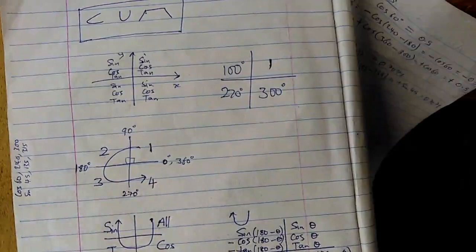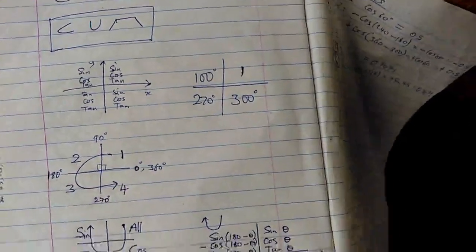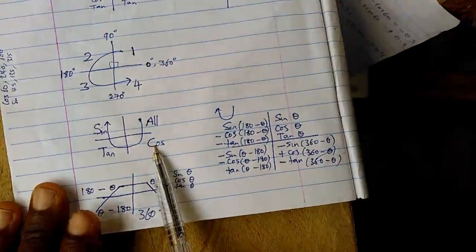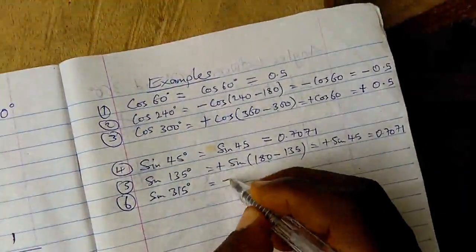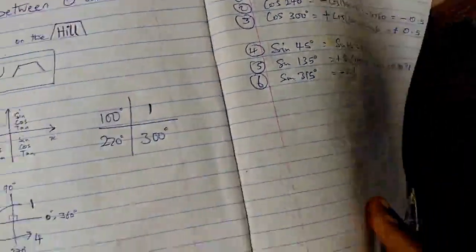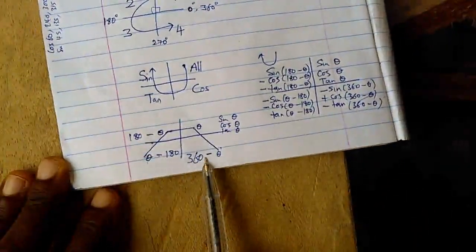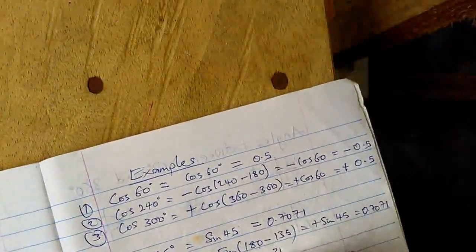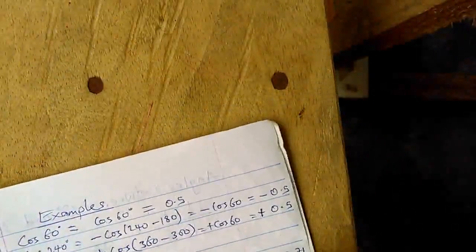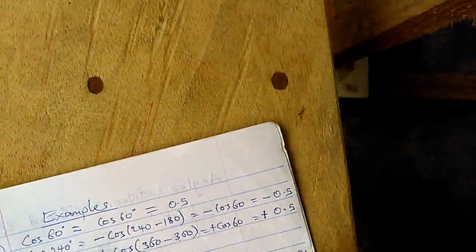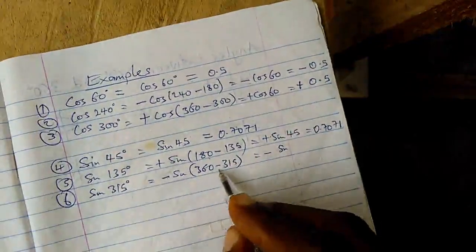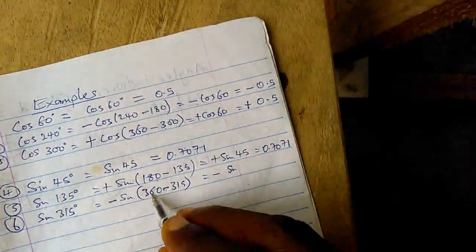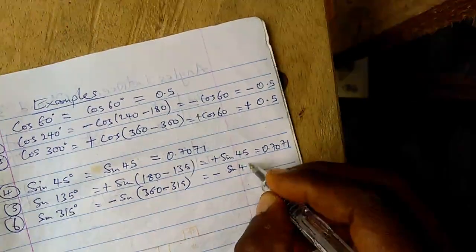What do we do with sine in the fourth quadrant? In the fourth quadrant, only cosine is positive, so sine is negative. So minus sine. What do we do with the angle? 360 minus the angle given, 360 minus 315, will give you 45.